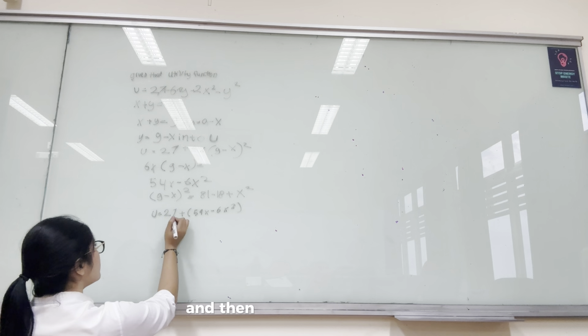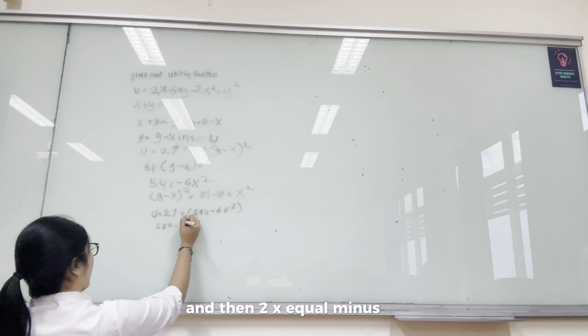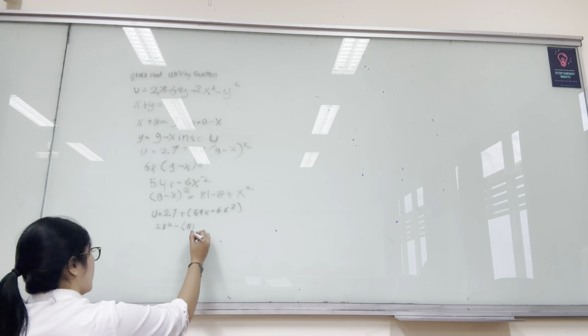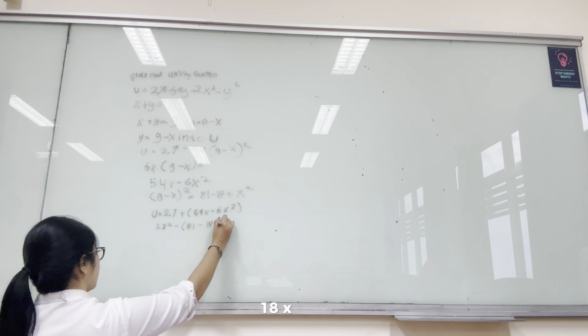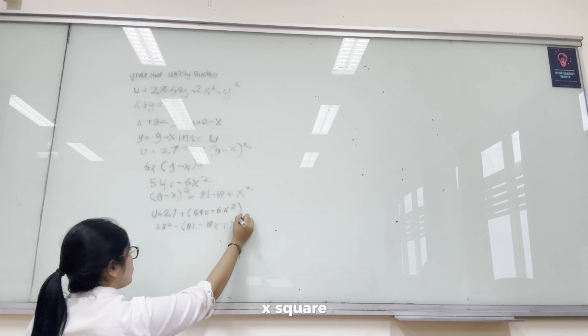and then minus 2x squared, minus 81 minus 18x plus x squared.